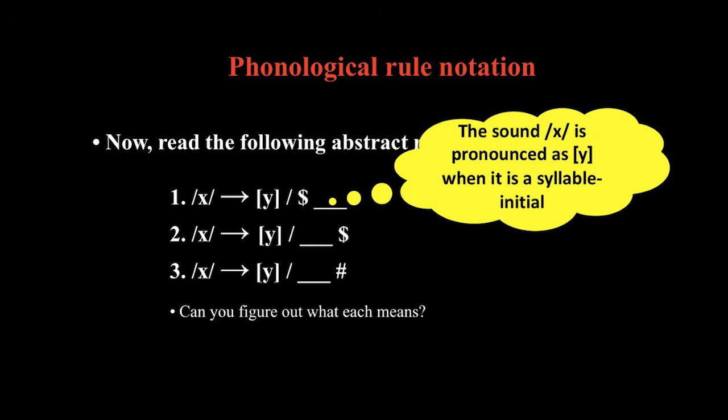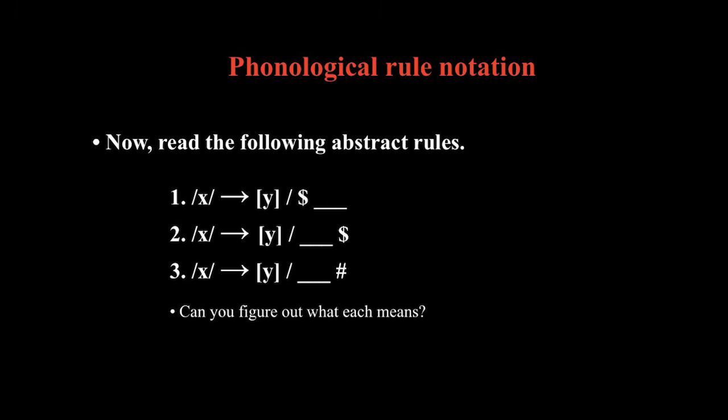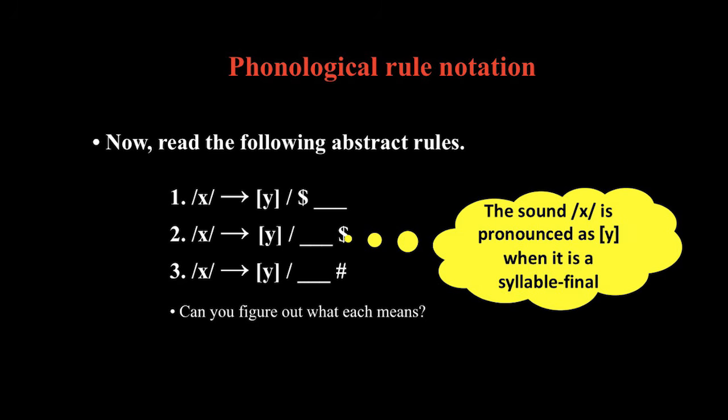Now the second example, we have X again between slashes, followed by an arrow, then Y between brackets, then followed by a slash and a dash for environment and a syllable boundary. What does this rule mean exactly? Simply, it means that the sound X again is pronounced as Y when it is syllable initial.